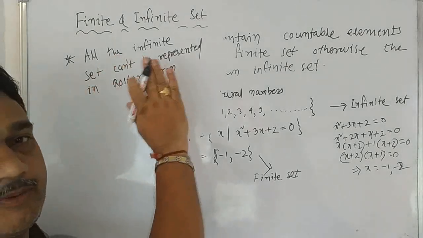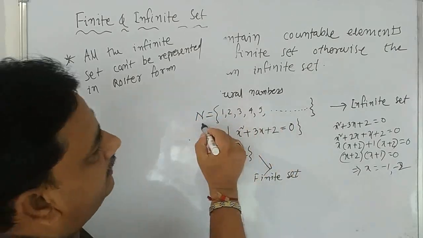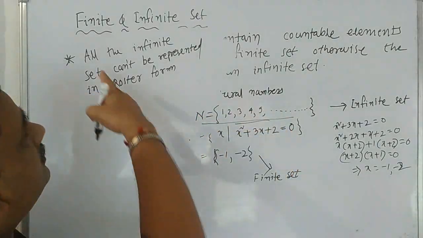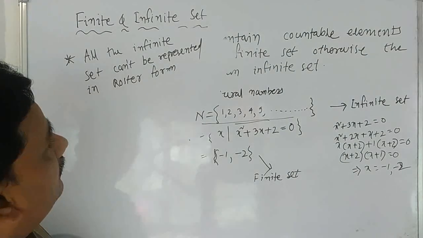Okay, you can represent some infinite sets in roster form. For example, N can be represented in roster form, but not all infinite sets. There are some sets which cannot be written.